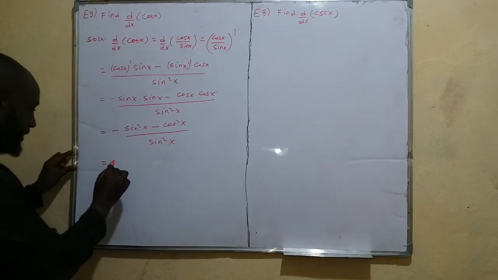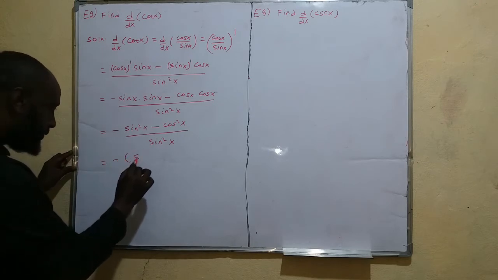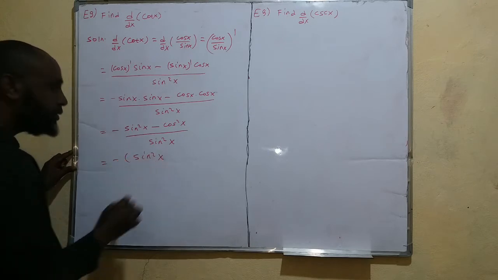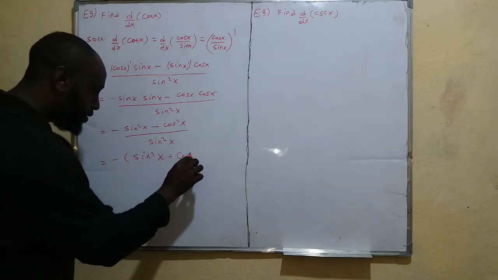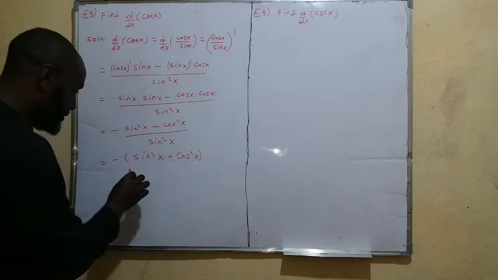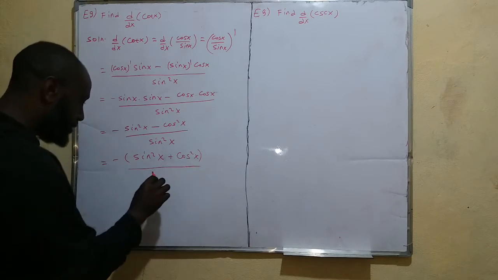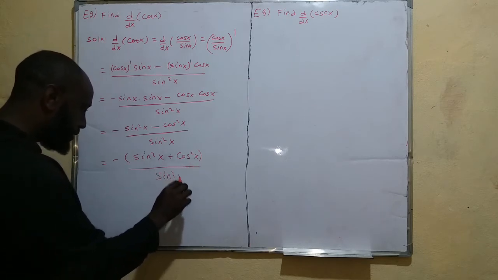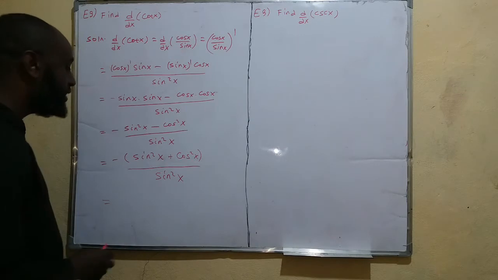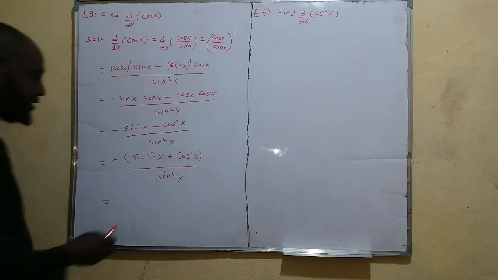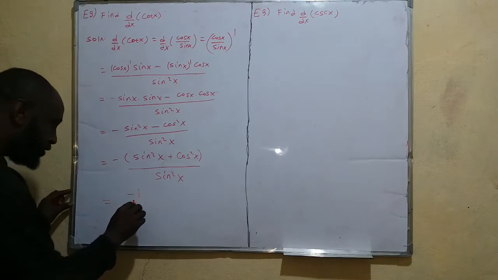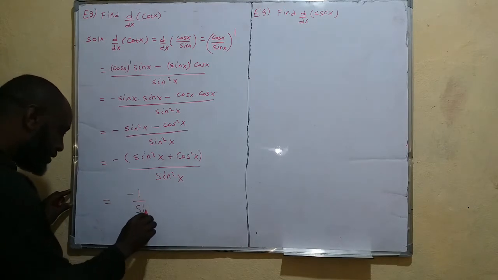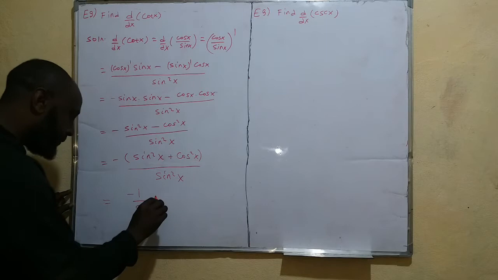Pulling out this negative, we have sin square x plus cos square x over sin square x. From the identity rule of trigonometric functions, sin square x plus cos square x is 1. Therefore, this is minus 1 over sin square x.